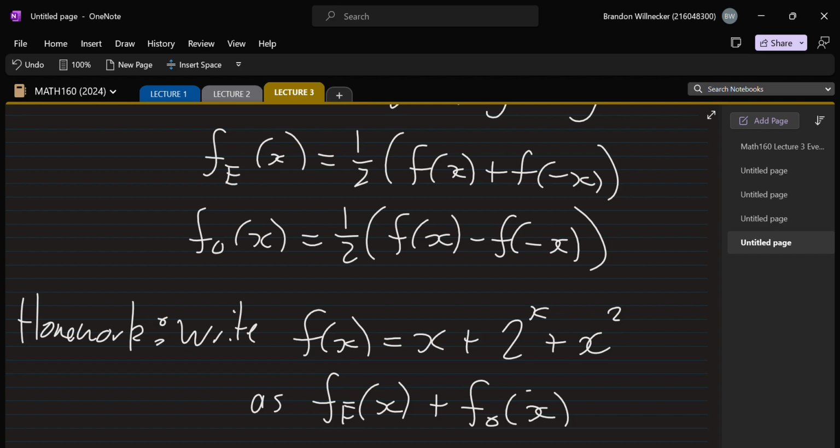It's not going to go to the first bracket, it's not going to go to the second. We have to do it with that long way. So keep that in mind. If you do want to write a function as even or odd, sometimes you can do it by inspection, but this definition way here will always work. So just keep that in mind when you're doing these decompositions.